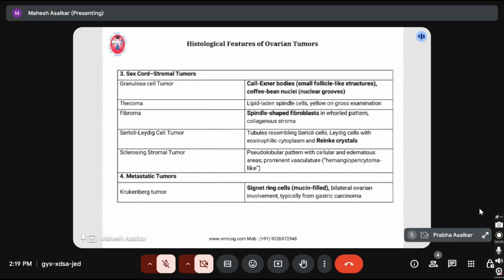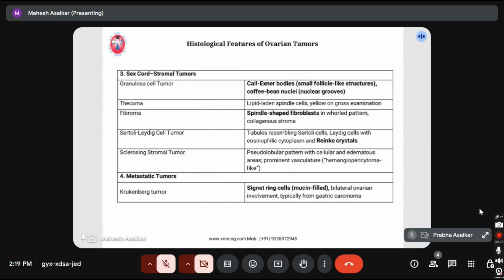Fibroma will have typical spindle-shaped fibroblasts in a whorl pattern and collagenous stroma. The feature of fibroma is spindle-shaped fibroblasts. Then Sertoli-Leydig cell tumor will have Reinke crystals. There will be tubules resembling Sertoli cells, Leydig cells, and eosinophilic cytoplasm, and Reinke crystals will be there.